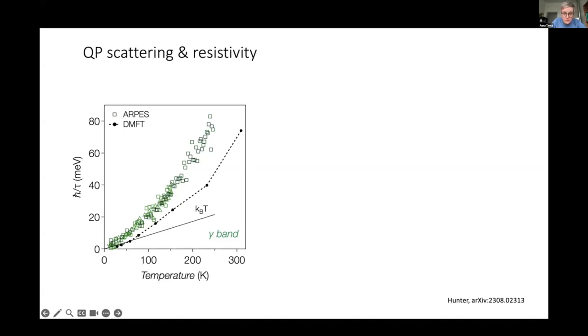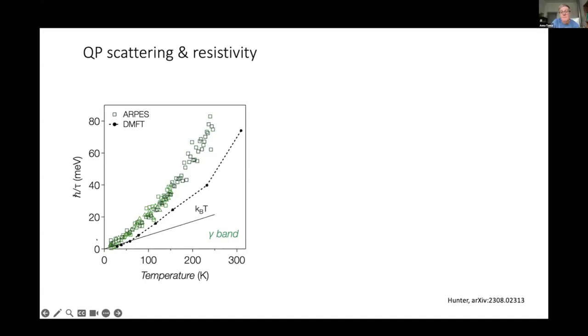It's a Fermi liquid below 25 Kelvin from resistivity. We don't have many data at very low temperature. It looks like this would be linear in temperature. Yes.